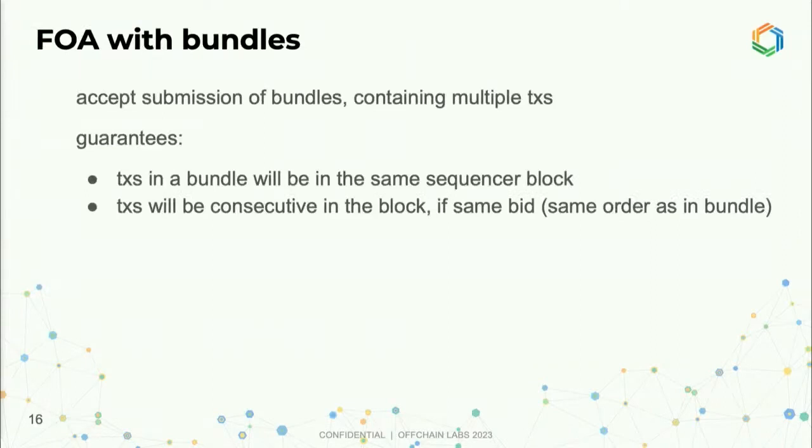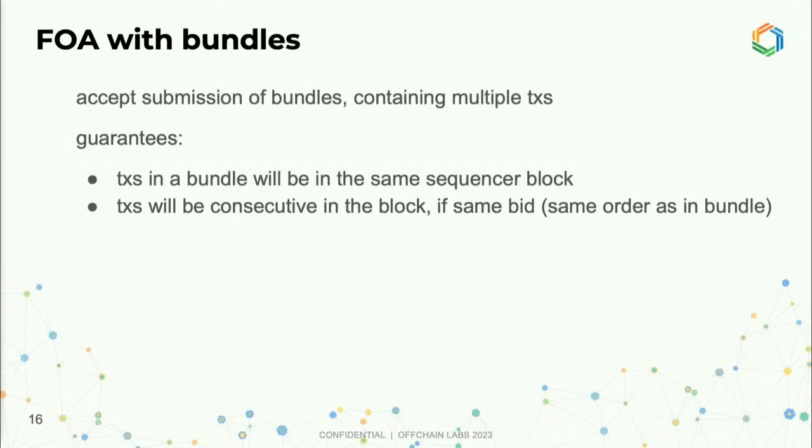Okay, let's talk about this with bundles. It makes sense to allow anyone to submit a transaction bundle, and the sequencer ought to accept submission of bundles where a bundle contains multiple transactions, each transaction validly signed by some sender. And the guarantees that we can provide are, first, that the transactions in a bundle will definitely be in the same sequencer block.